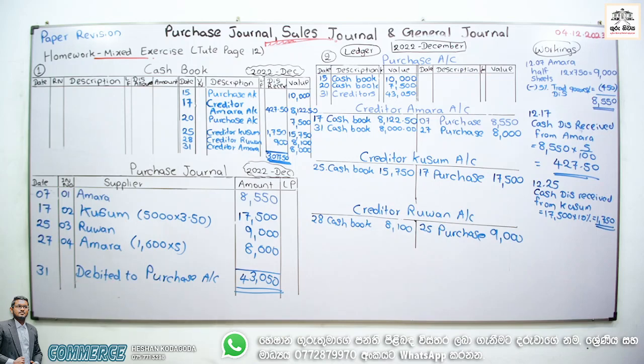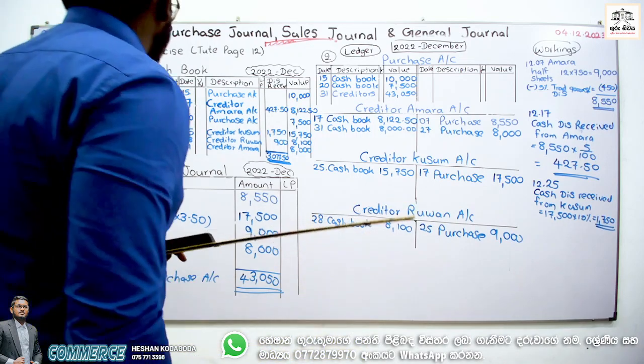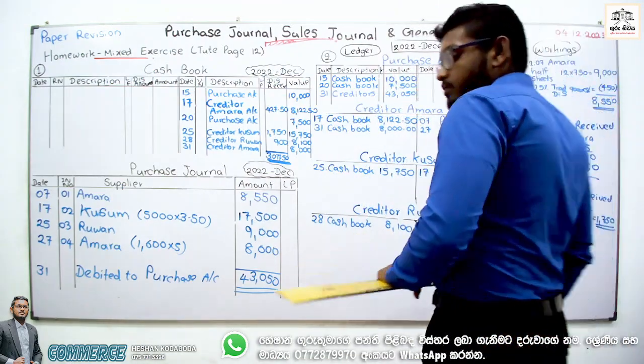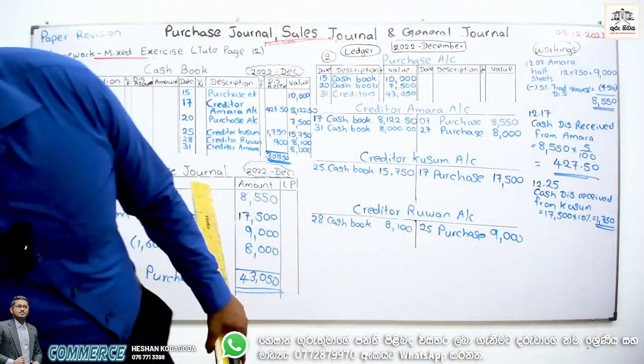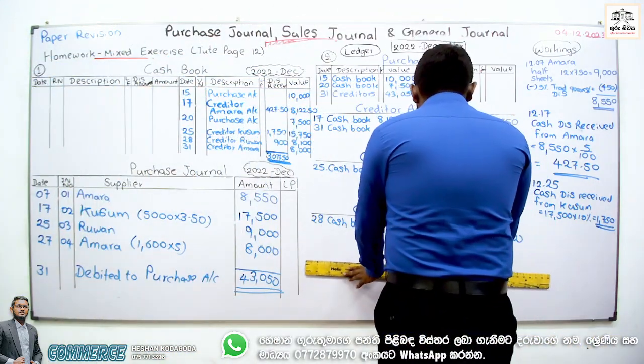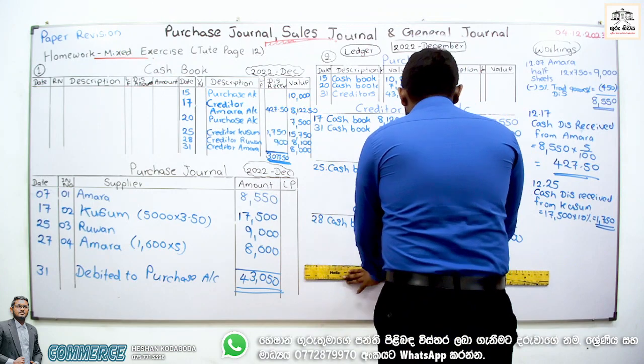Now what you need to do is draw a discount received account. You know, discount received performs only the primary book function, so you need another account called the discount received account. Quickly draw a discount received account.